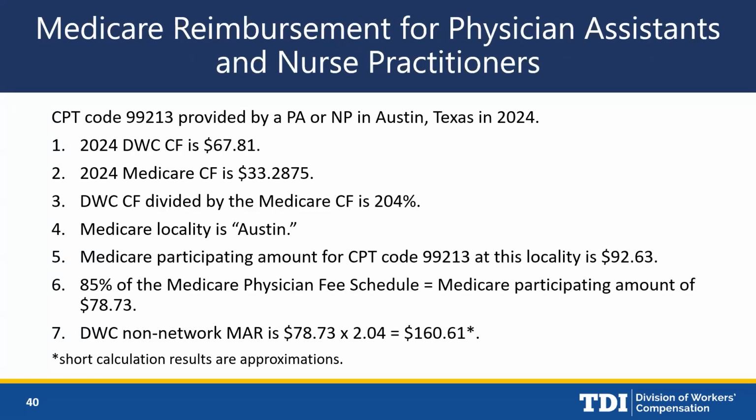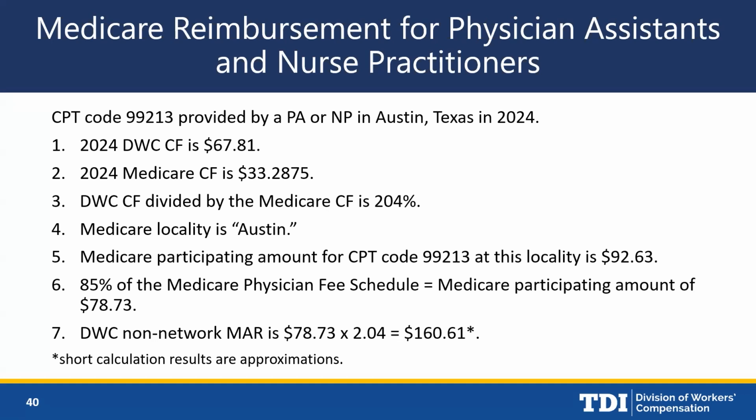Here is a calculation for that. Let's take 99213. This is not assisted surgery. This is an office visit conducted by a PA or an NP in Austin, Texas. I just gave you the steps there to find this out and use the short calculation. The conversion factor for an office visit for 2024 is 67.81. Find that first as your step one. Then find your Medicare conversion factor, which happens to be $33.28.